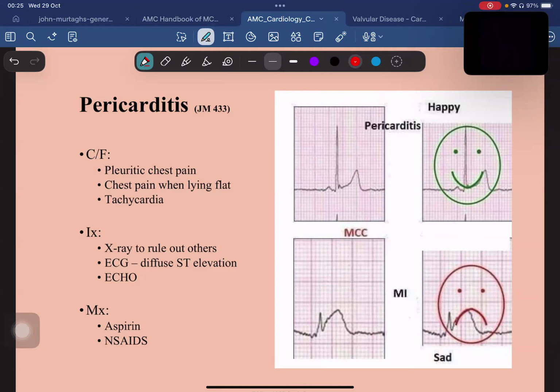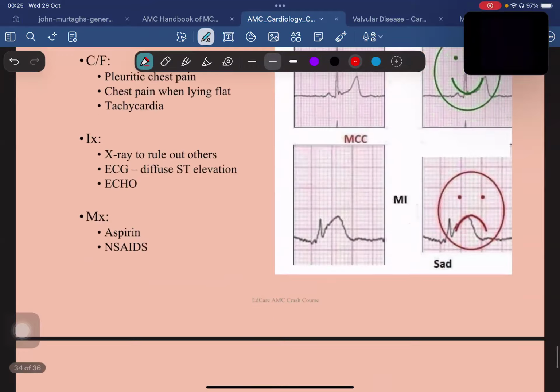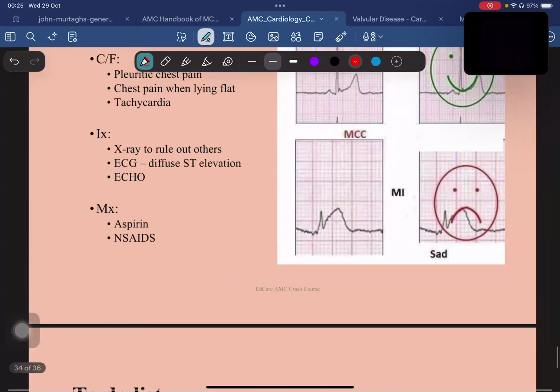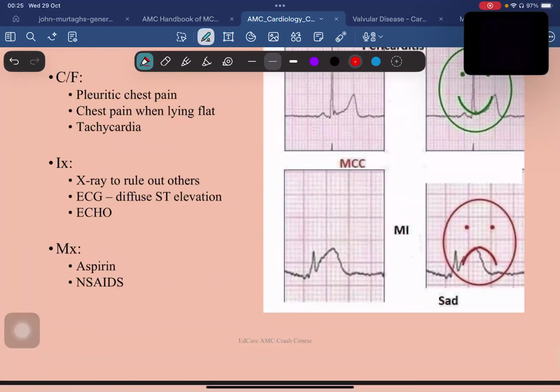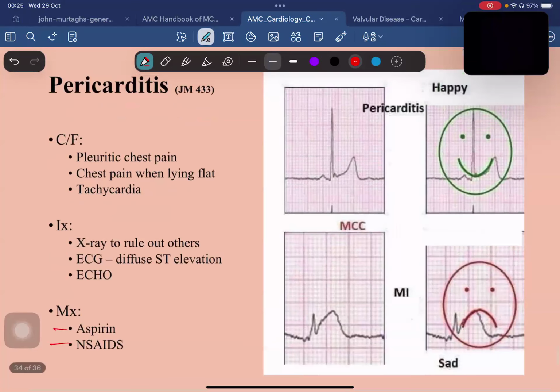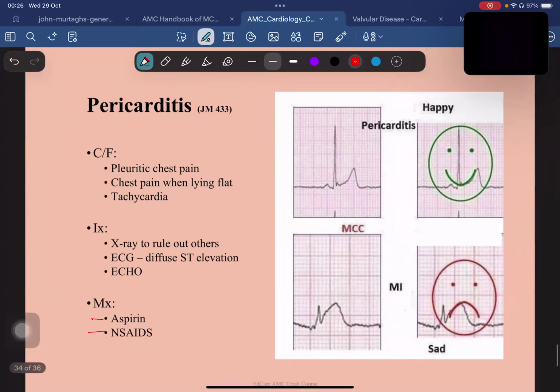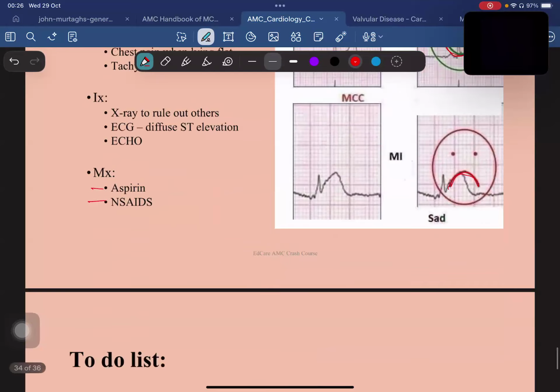So that's the main way I differentiate pericarditis and MI. Again, for management, you would give aspirin and NSAIDs. And this is another way I would remember the elevation. Just try to remember the arc, how it is. That is another way I would differentiate pericarditis and MI through the ECG.